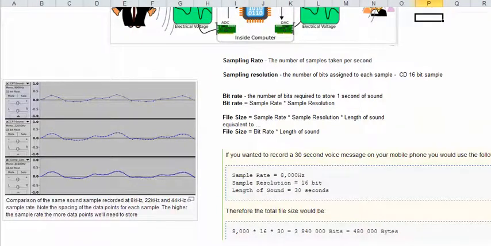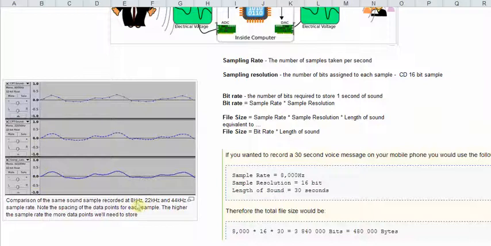Let's go back to the sample rate, the number of samples taken per second. This screen capture is the same sound in Audacity, which is freely available. You can download it, and we have it on the computers at school.